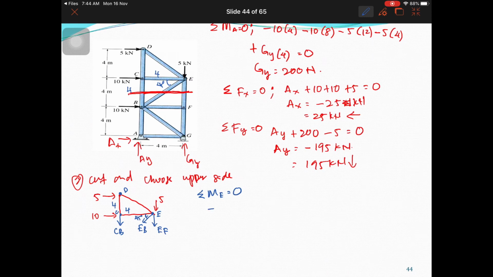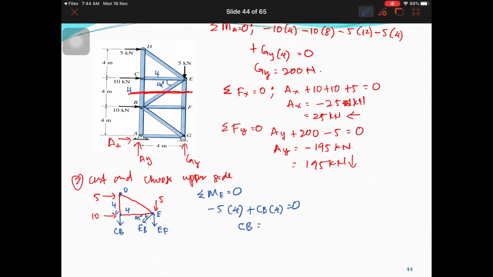So you have minus 5 times 4, clockwise, plus CB times 4 equals 0.